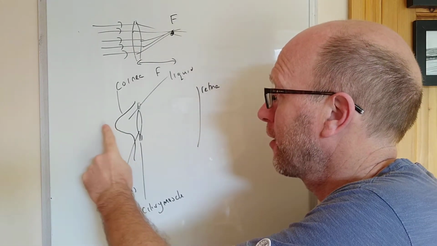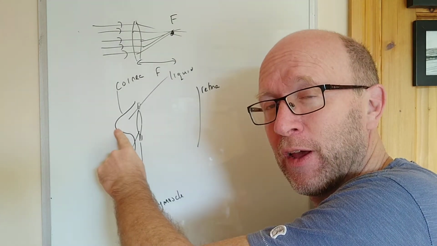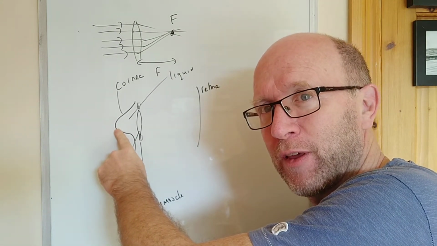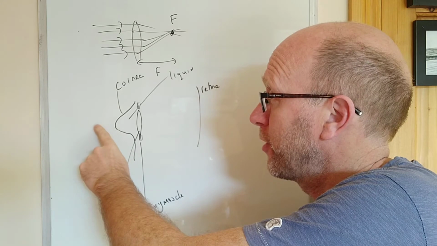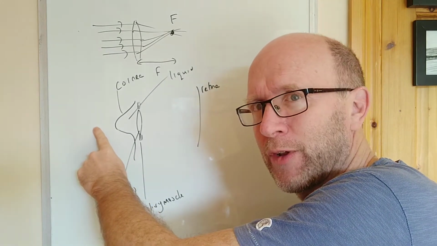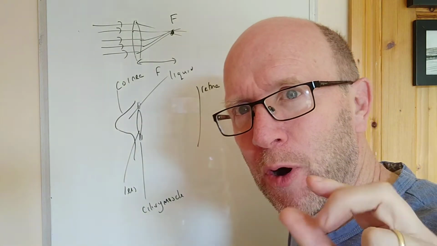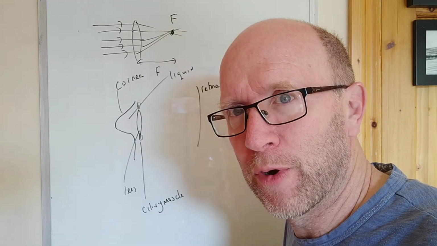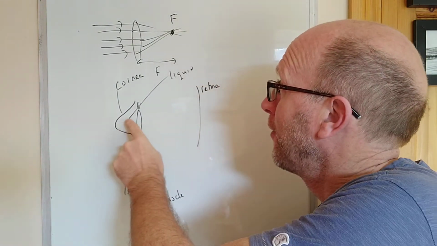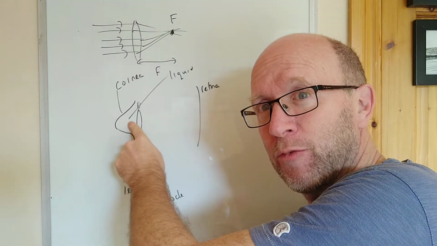The first lens, the cornea, acts as a lens, and a lot of refraction takes place here. The most refraction takes place here because you're going from air, which has a refractive index of 1, to the cornea, which has a refractive index about that of water, about 1.3. The liquid in here has a refractive index about that of water as well.